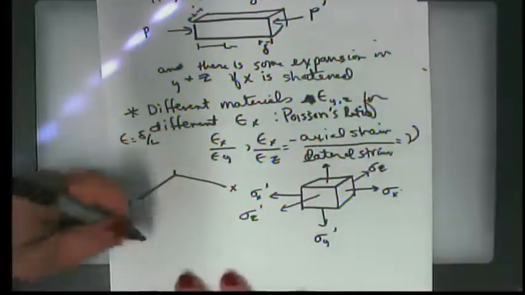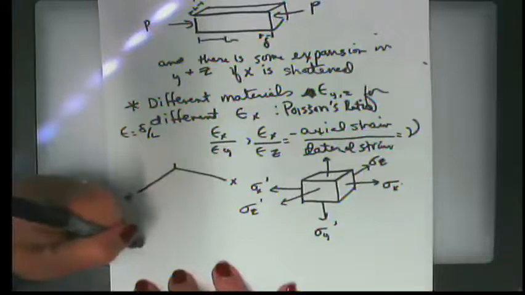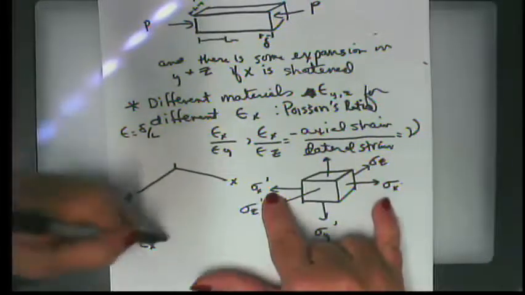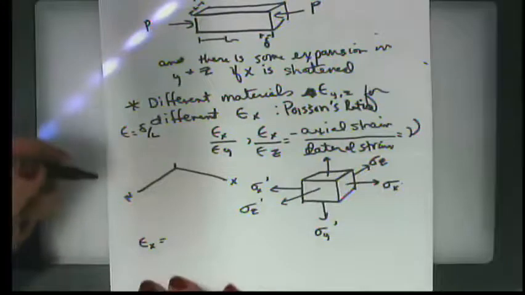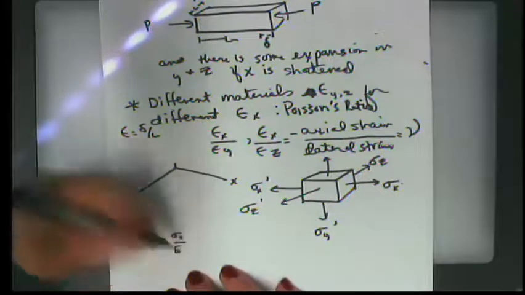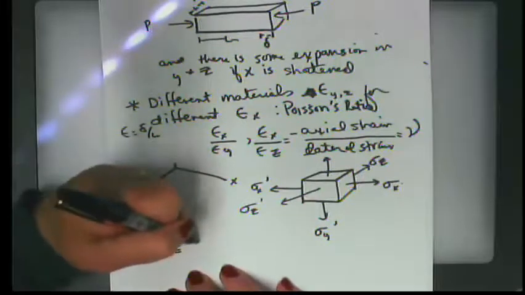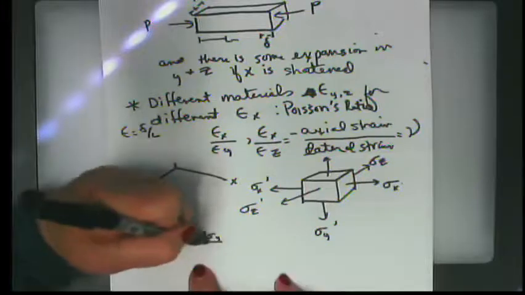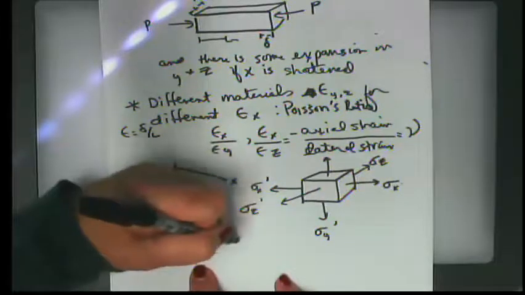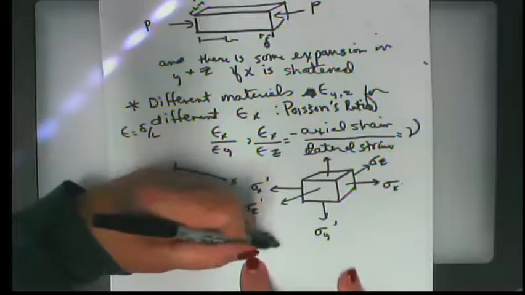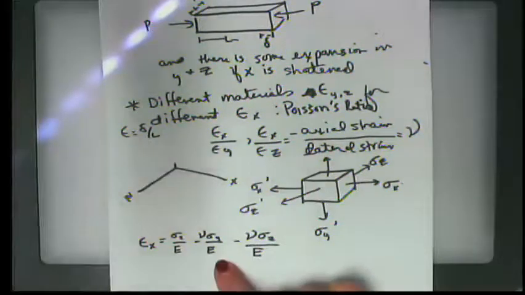So we have a generalized equation of epsilon x, or the change on the x-axis based on these three conditions of loading. Basically, it's going to be sigma x over E minus sigma y times Poisson's ratio over E minus Poisson's ratio times sigma z over E. And we have a similar equation for each of the coordinate directions.